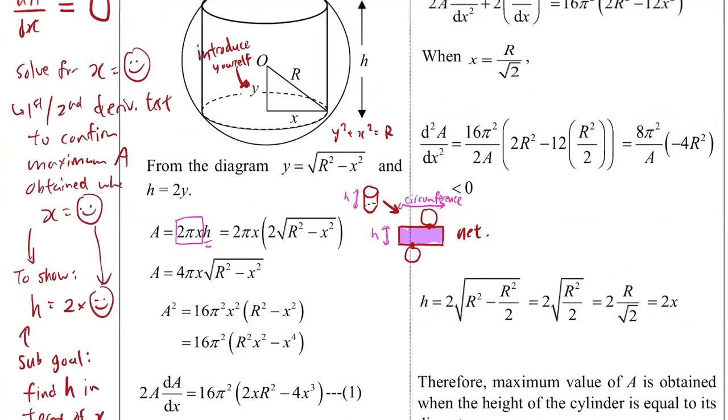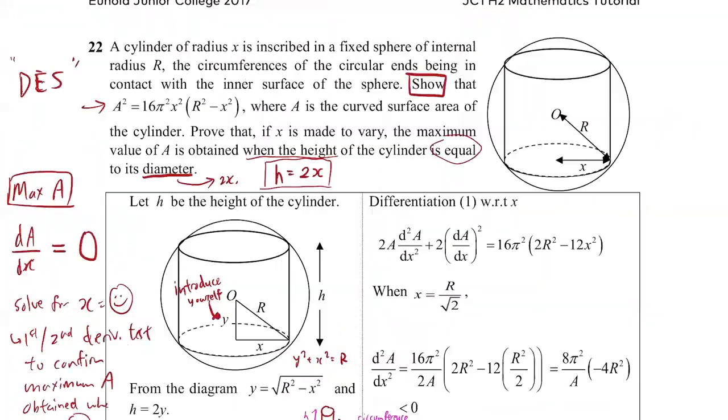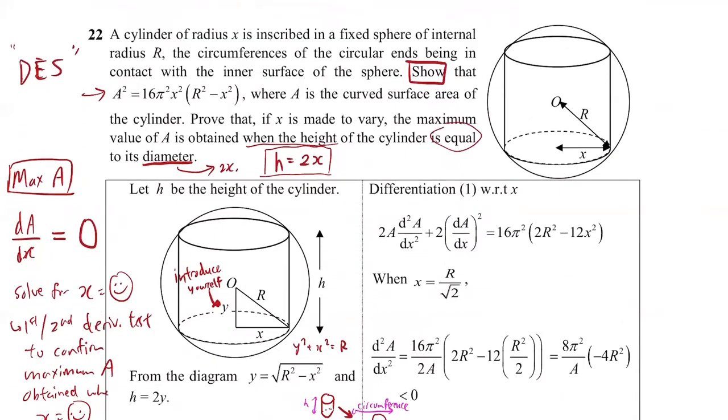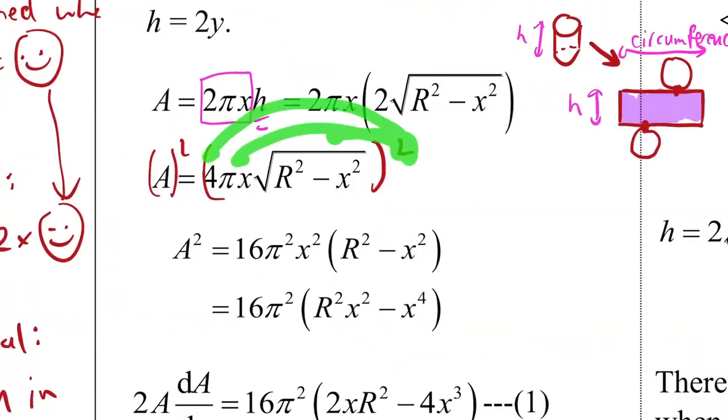We need to show that A squared equals 16 pi squared x squared times r squared minus x squared at the top. So we just have to square both sides. What happens when you square both sides? You have to put a bracket, then square, bracket, then square. An important point to take note of is that you need to distribute the square to all the factors, because this is multiplication: 4 times pi times x times square root.